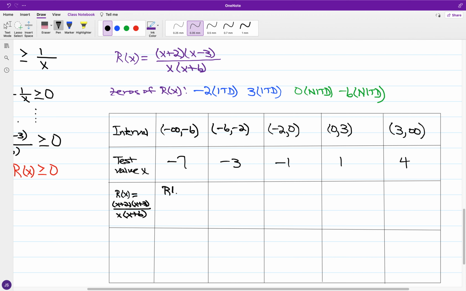So you have 5 distinct test values for the input. Now for -7, I've got this number available. This is going to be 5/7, which is positive. For r of -3, that's going to come out to -2/3. For r of -1, that's going to be a positive 4/5.